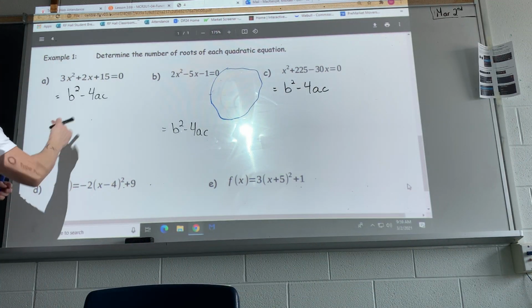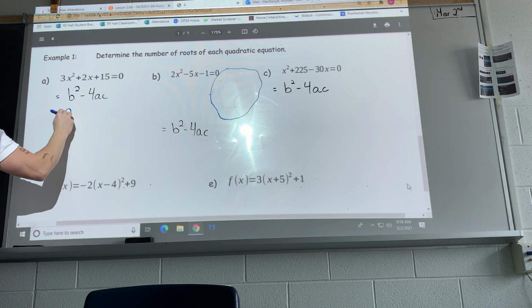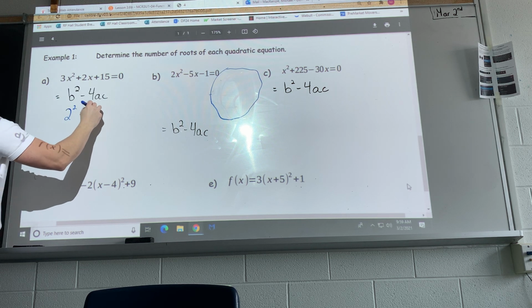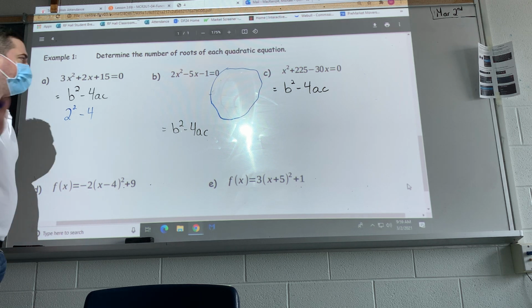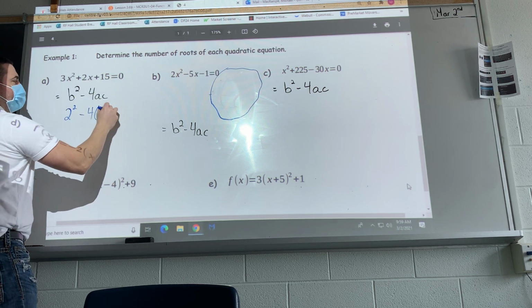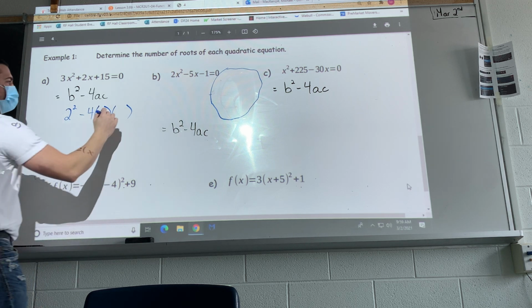Okay, so first one, what is my b value? It is 2, good, so we plug in 2. So we have 2 squared minus 4. What's my a value? 3. And our c value? 15.